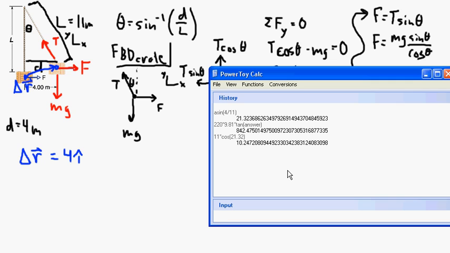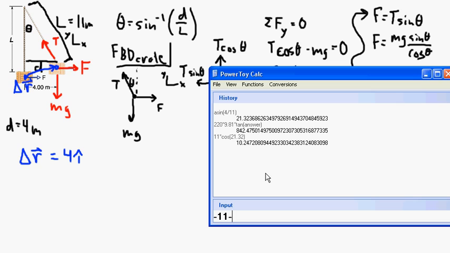But remember, it moves. This 10.24 is how far down it is from this anchor point at the end, 10.25 meters. But it actually starts off 11 down. So it comes up from negative 11 meters in the vertical coordinate to negative 10.24.